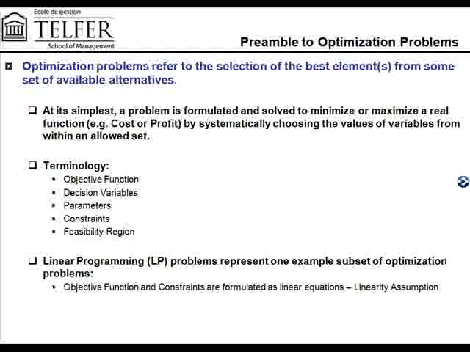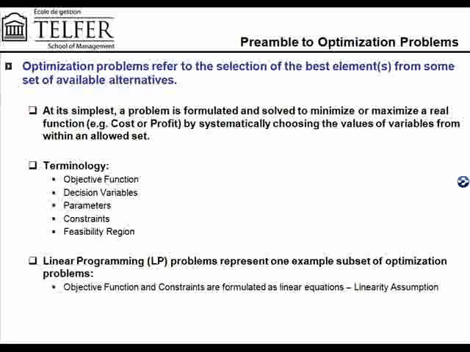The second term here that we're going to use are decision variables. These are the variables that you are trying to change to find the optimal solution overall. So you're trying to come up with optimal values for these decision variables, which will affect your objective function and will change the objective function's value to either increase it or decrease it.